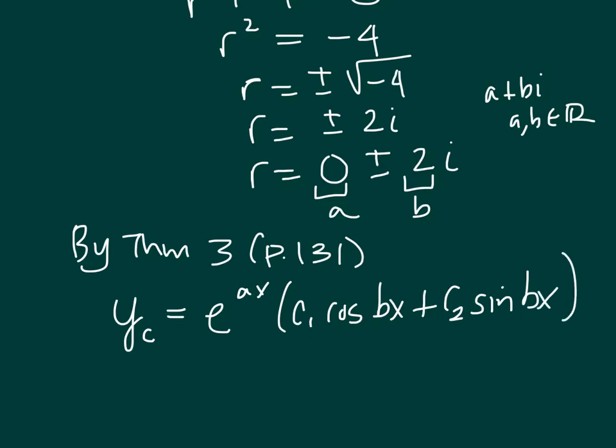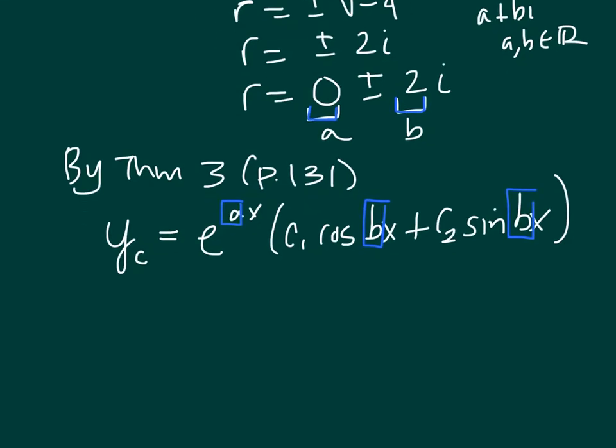So all we want to do is input our a and b. Well, this is nice. This is e to the 0 times x, which is 0, so that's just going to be 1.